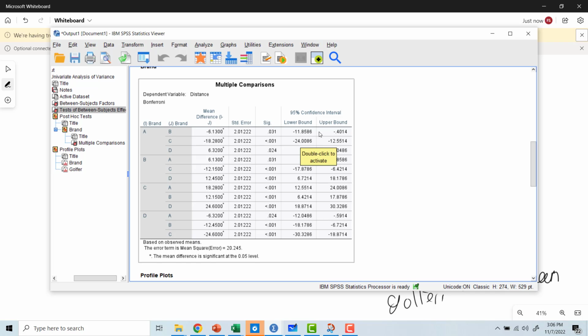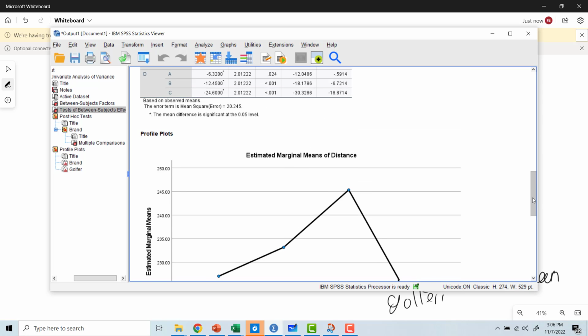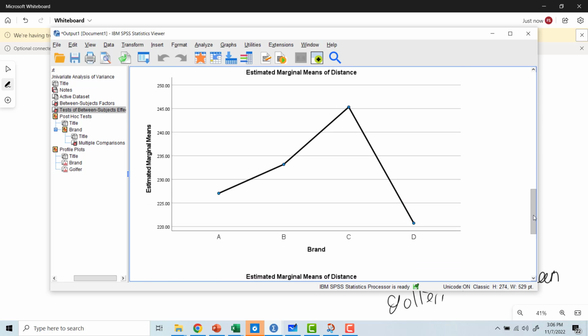So A minus B and A minus C are both negative. So again, B and C are greater. And then you can see that B minus C is negative. So B is less than C. So at alpha equals 0.05, there is a significant difference between all of these brands.